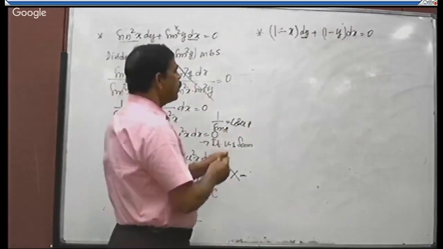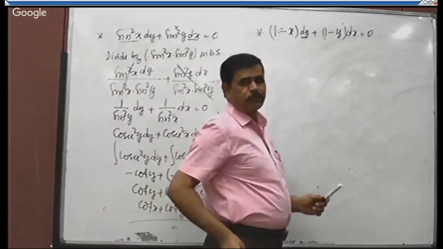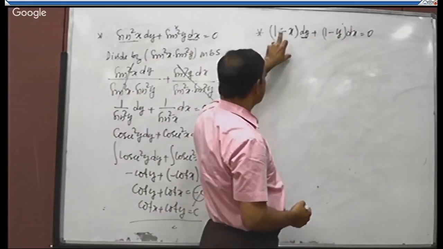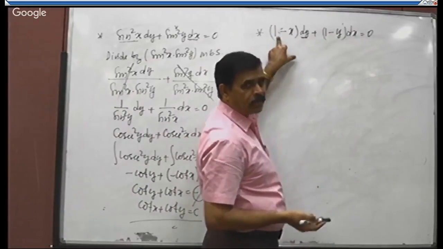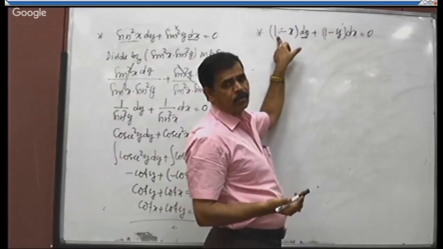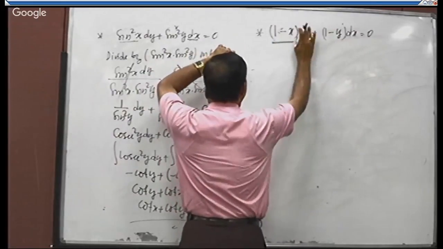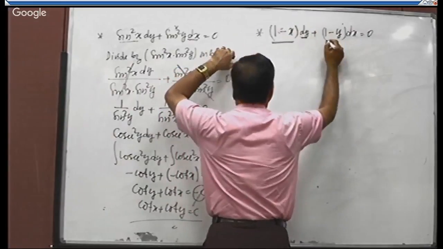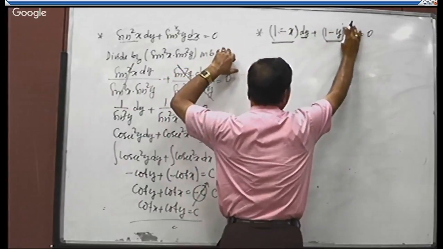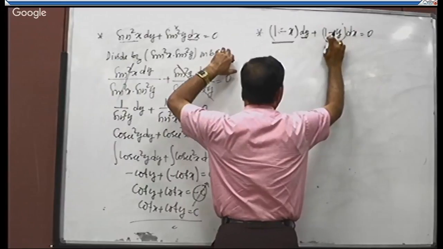You do one thing, take the whole bracket as unwanted. See, there is a constant. You may retain it or you can remove it, no problem. You take complete. This is unwanted along with dy. This is unwanted along with dx. Right? This should be removed.